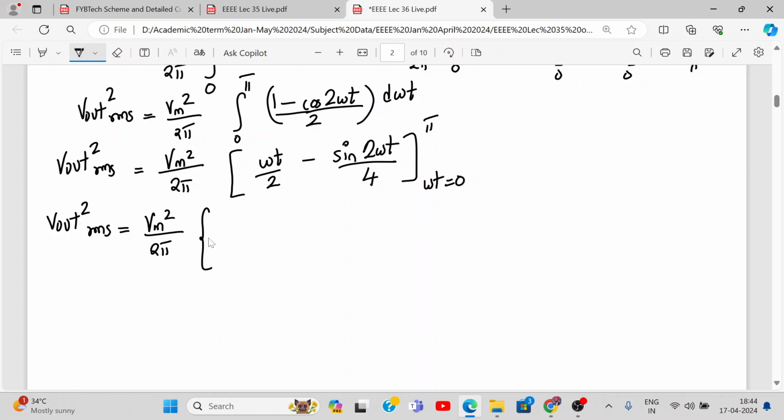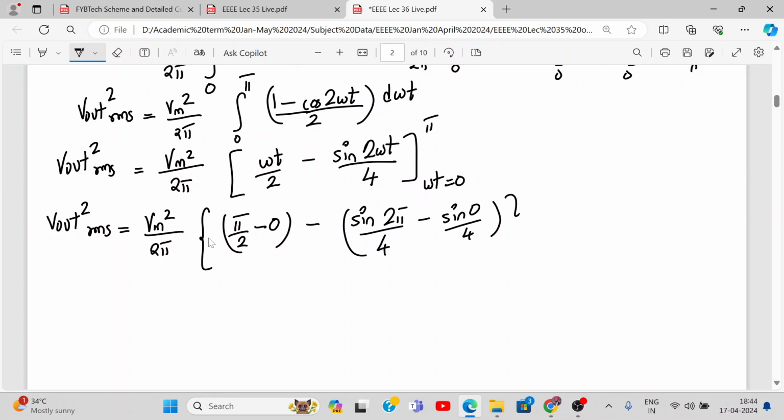So V out square RMS is Vm square by 2 pi. Omega t is pi by 2 minus 0 minus sine 2 pi by 4 minus sine 0 by 4. Okay, what is sine 2 pi? This is 0, this is also 0.